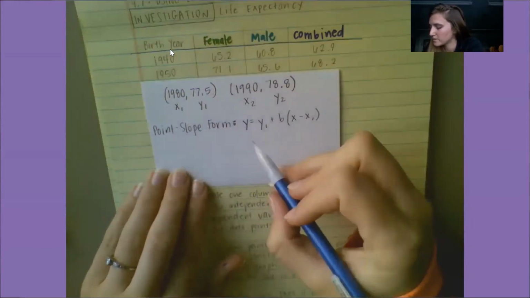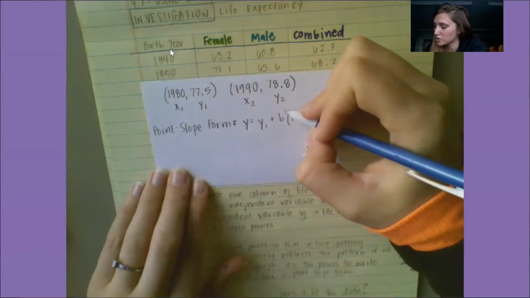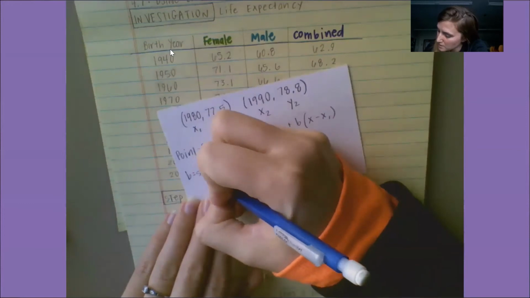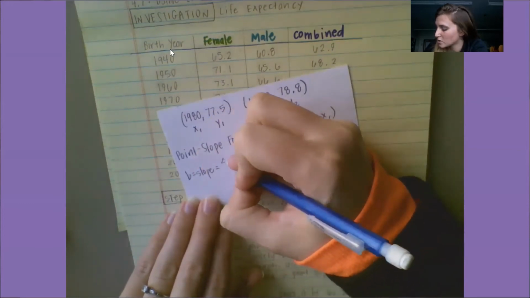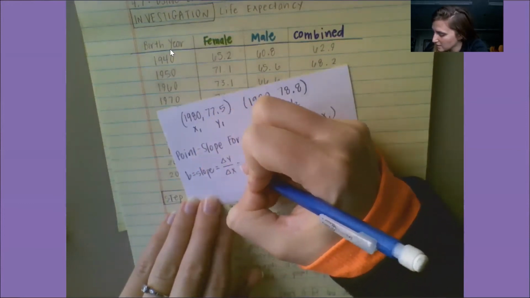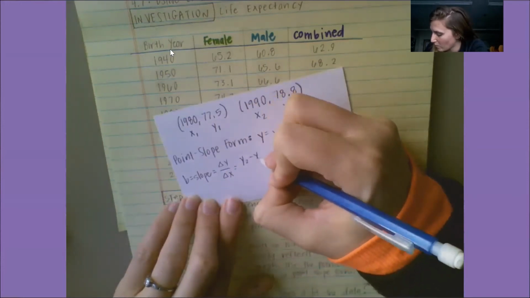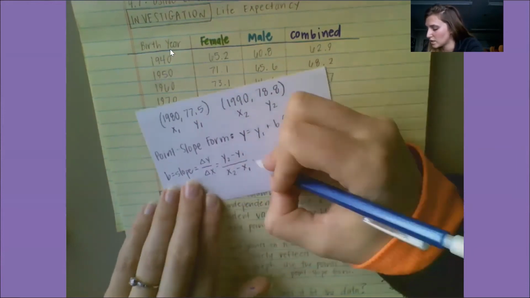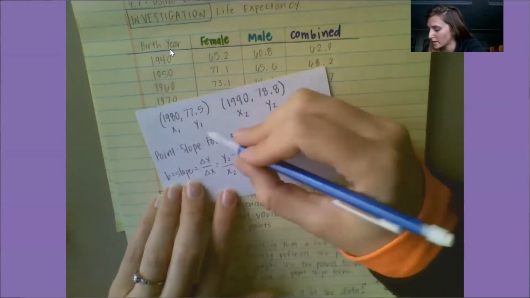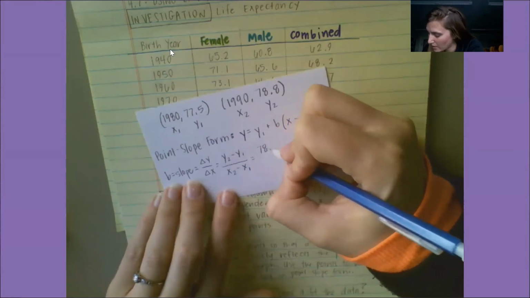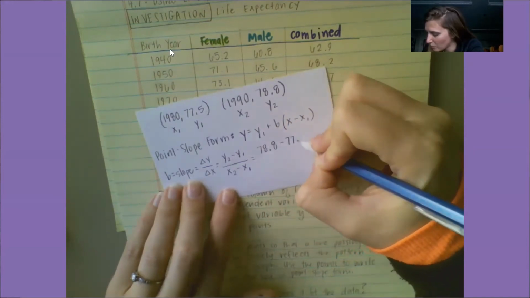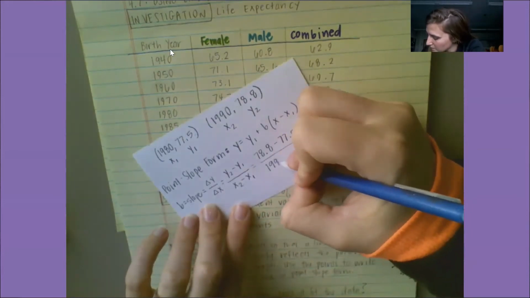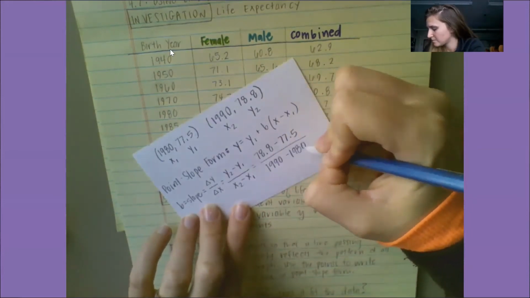So let's see. First thing we should do is find the slope. The slope is equal to, b is the slope, which is equal to the change in y over the change in x. So y2 minus y1 over x2 minus x1, which is 78.8 minus 77.5 over 1990 minus 1980.